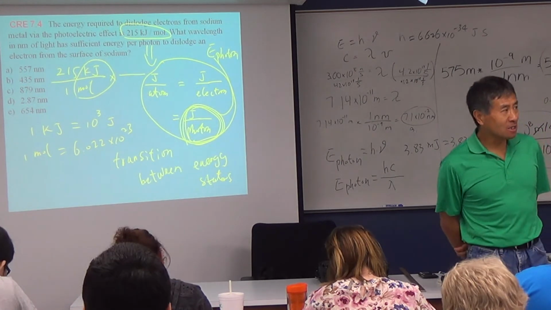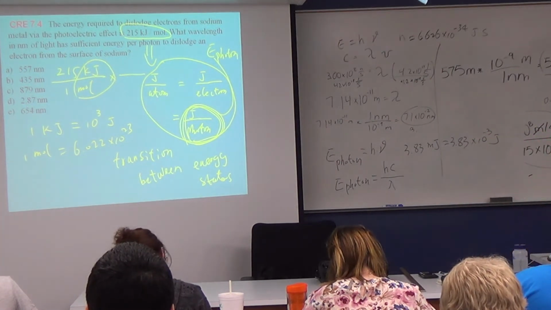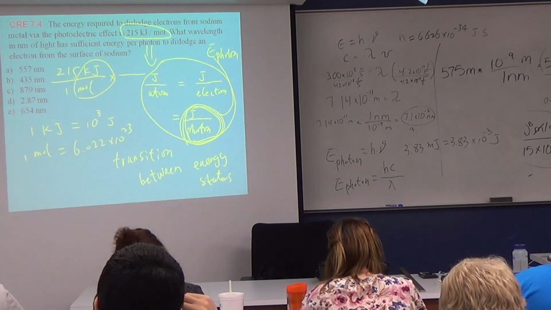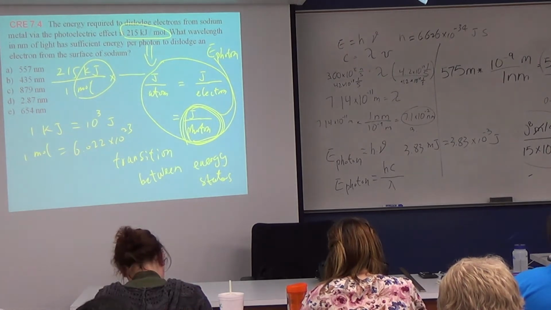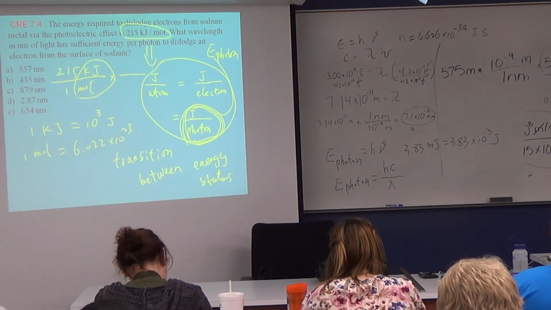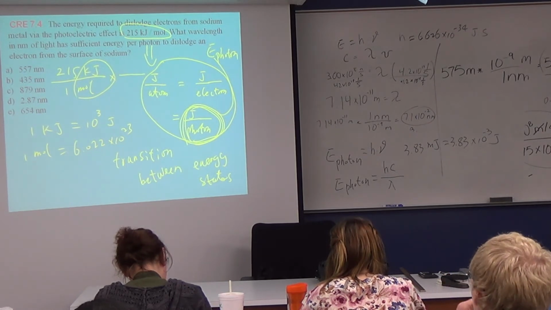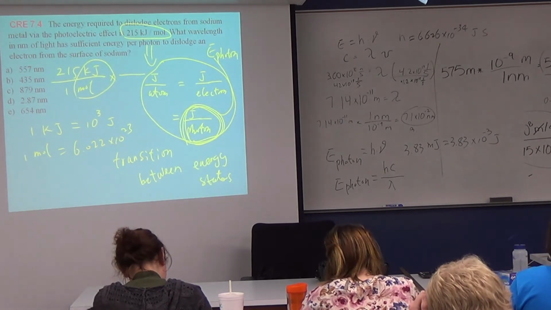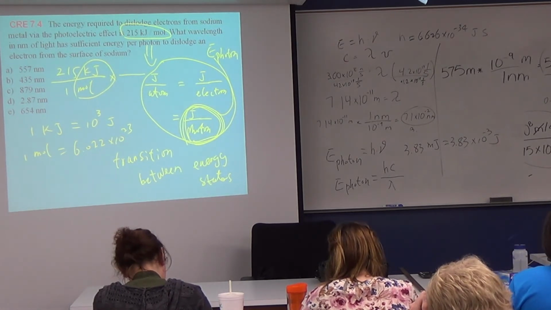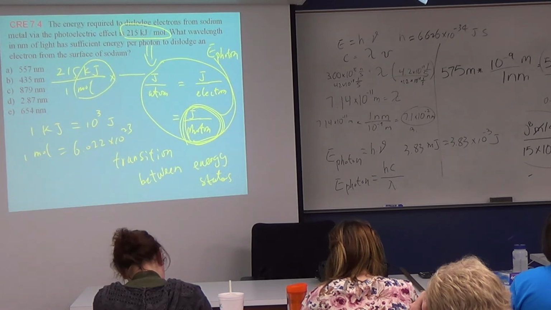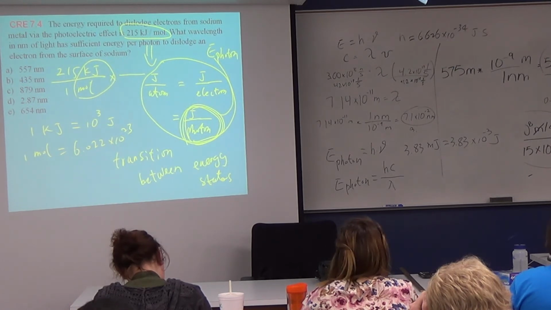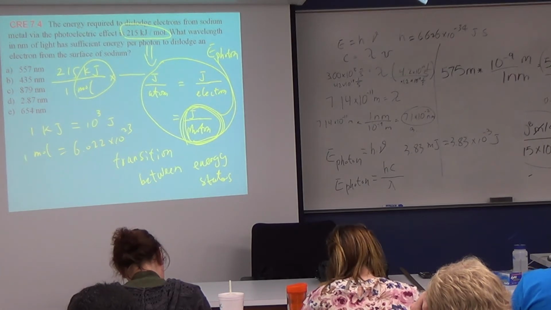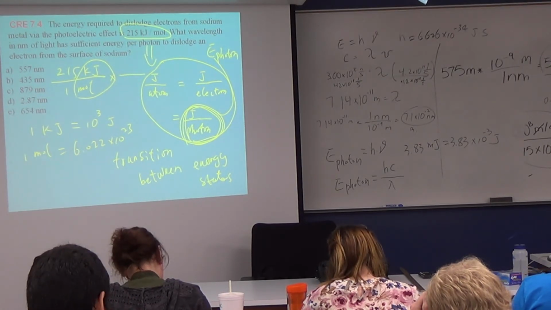Once you get that, you can use the equation again. Let's see here, the formula: yes, the kilojoule is okay. Here, the mole goes in the denominator. Now you can see if you want to count out the mole.